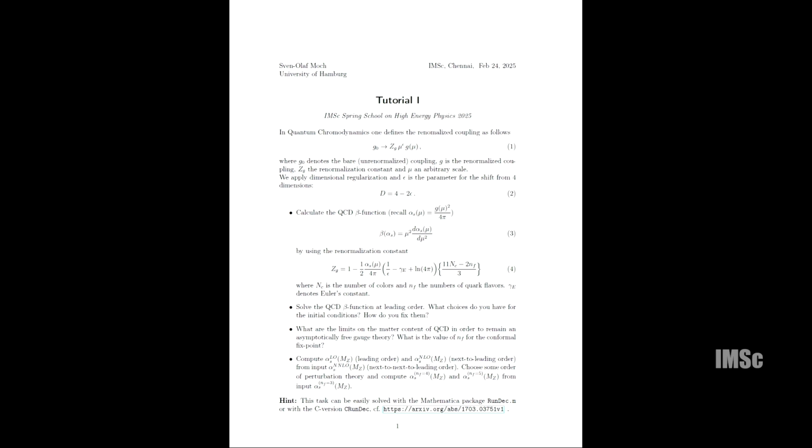So NF has to be smaller than 33 over 2. This means you can have QCD with up to 16 different quark species at leading order, and it'll still be asymptotically free. Of course, if you go to higher orders, the beta function will change, and this computation has to be redone, and then the window narrows a little bit.